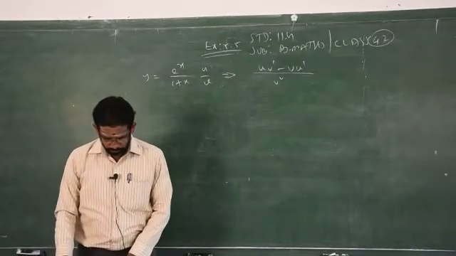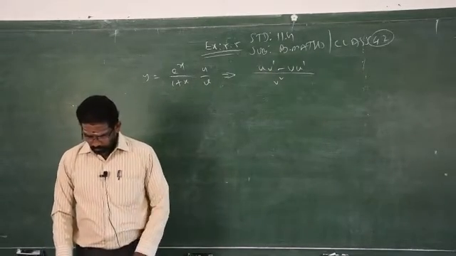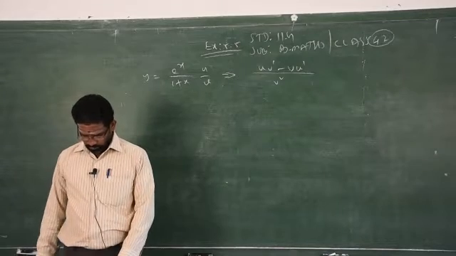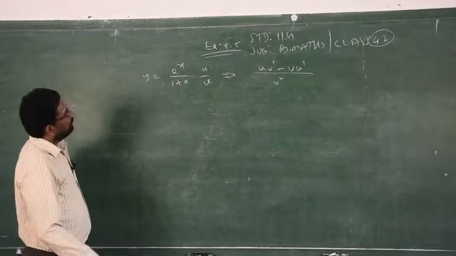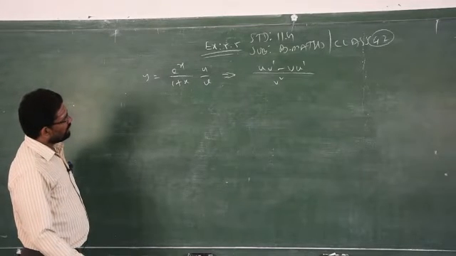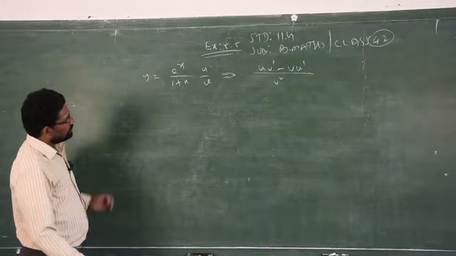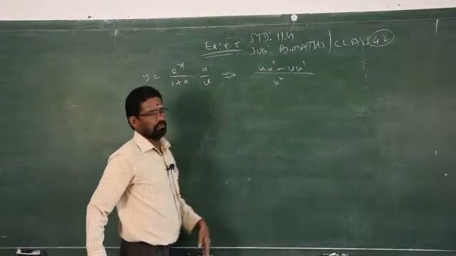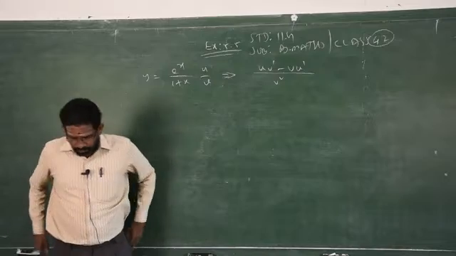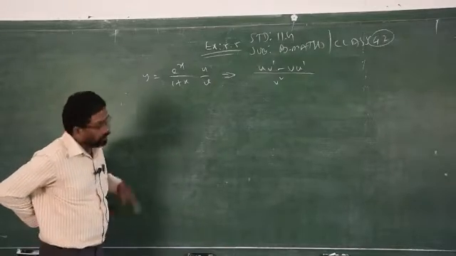So we have the formula, this is called uv dash minus vu dash by v square. If you interchange these two, then we will get the wrong answer. So be careful, you have to keep the first one as it is. Keep that in your mind.